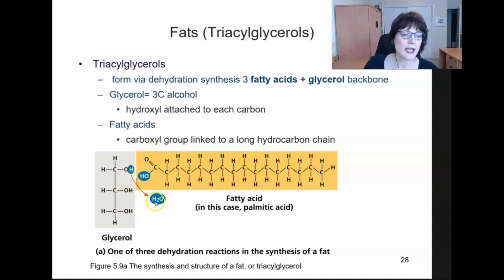acid, and this is a type of dehydration synthesis. Each of these hydroxyl groups serves as an attachment for a fatty acid. So you have 3 fatty acids, tri, and the glycerol backbone, hence the name.